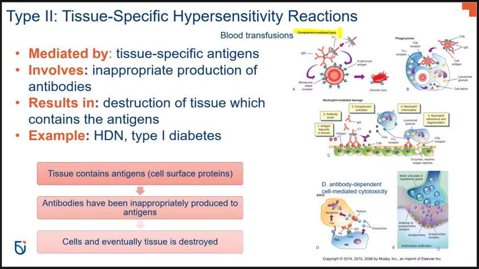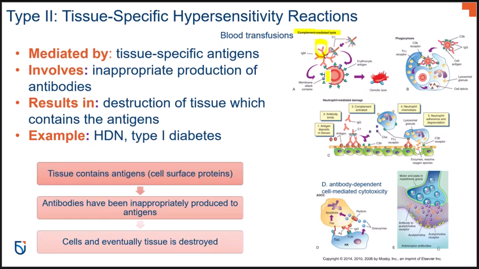The first one is complement-mediated lysis. What you can see happening here is red blood cells being attacked by antibodies. What happens with this is activation of the complement cascade through the classical pathway. That's because we have involvement of antibodies. You might recall that from our in-class lecture.